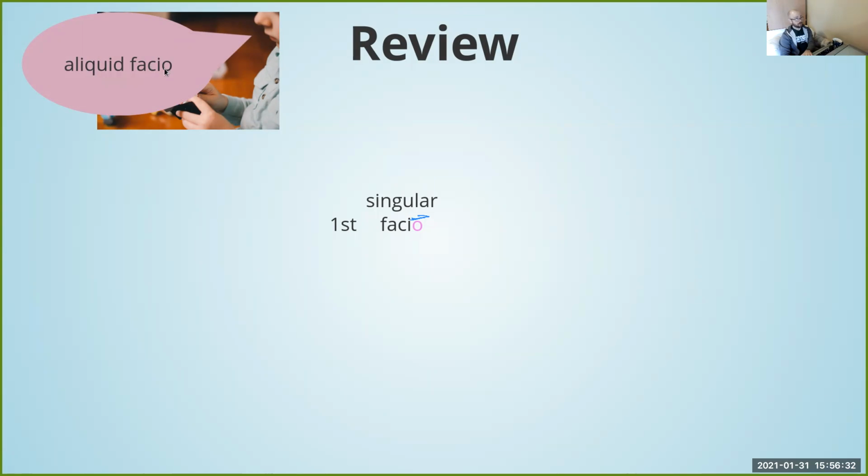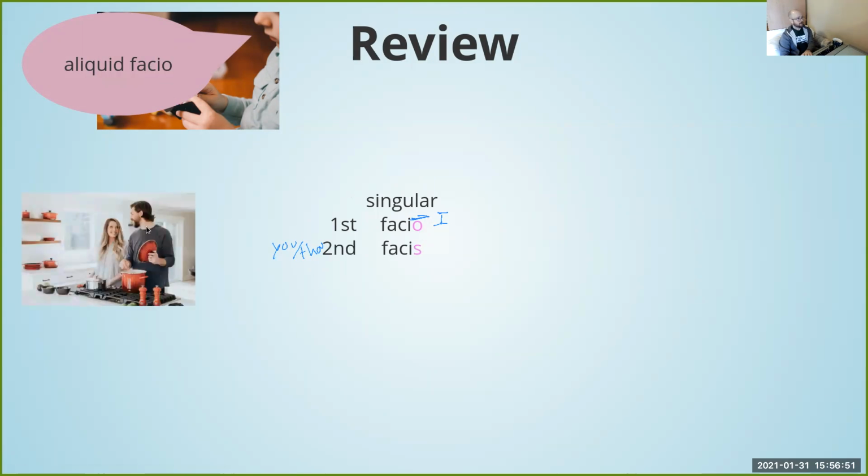So that facio with the O ending implies I. The second person is equivalent to you in modern American English, or thou in Old and Middle English. So facis with that S ending. Cenam facis, she says to him, you are making dinner. S ending, second person, in English equivalent to you.